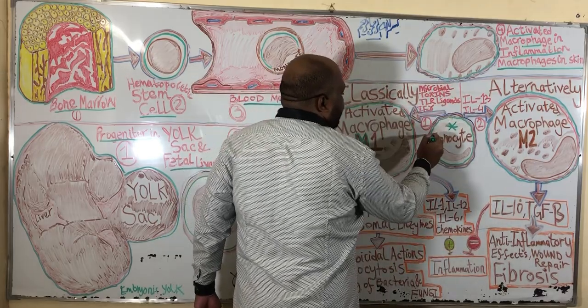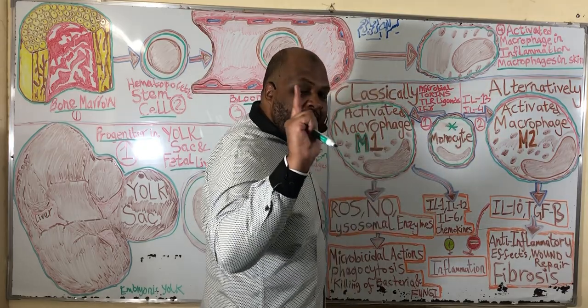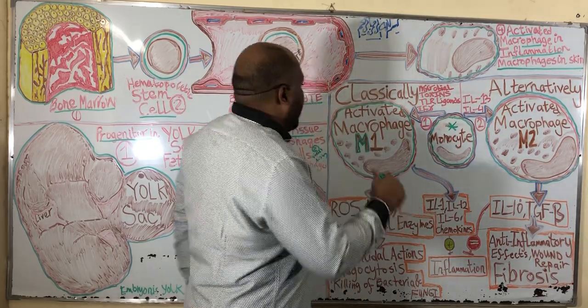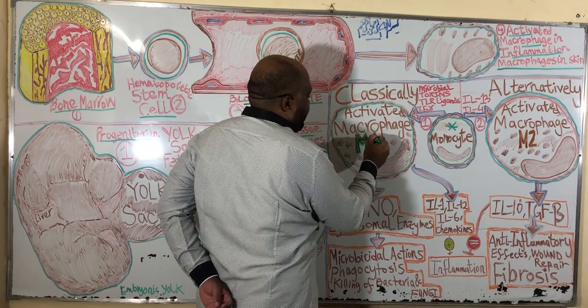Once these ligands bind a monocyte, the monocyte will immediately perform pro-inflammatory actions. And this is called the classically activated macrophage, the M1 pathway.